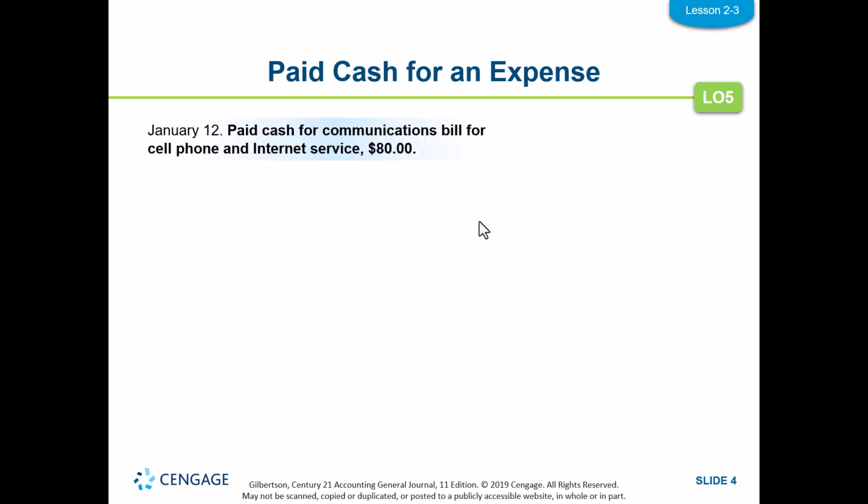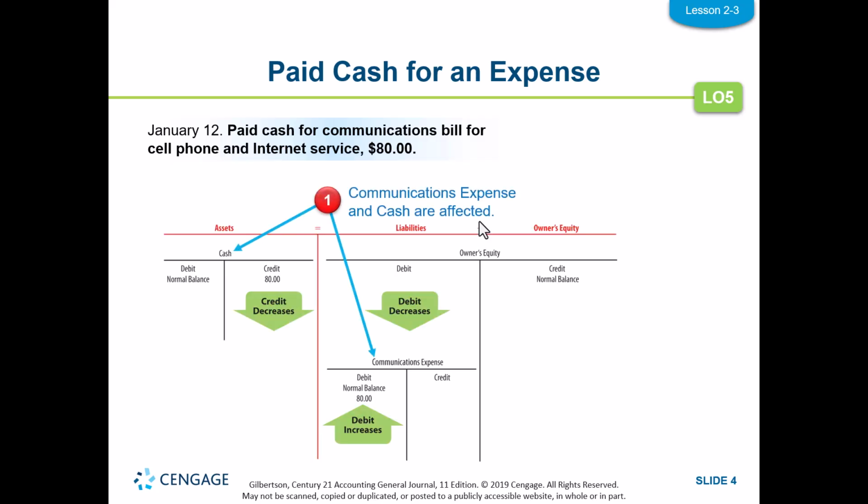Paid cash for communications bill for cell phone and internet services. So what are we debiting here? Yeah, so that expense, which is going to probably be a communications expense of some sort. They're calling it a communications expense. Now, that does have an effect on owner's equity.